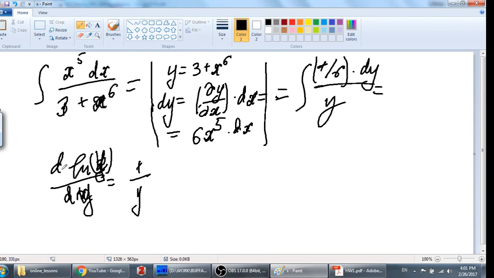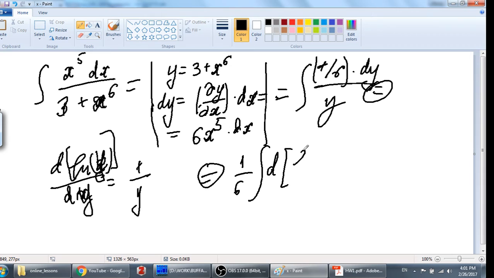So that means the full differential of the logarithm of y is dy divided by y. So we put the 1/6 constant in front of the integral of the full differential of the logarithm of y.